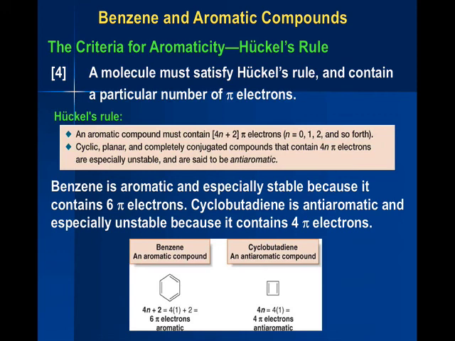It just so happens that this p orbital has 2 electrons in it instead of 1. It is cyclic, it is planar, it is completely conjugated, and 4n plus 2 equals 6. N equals 1. It satisfies the rules of aromaticity, and it is an aromatic molecule. Okay?